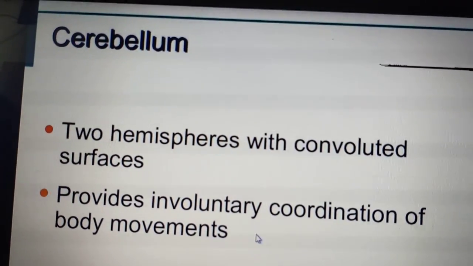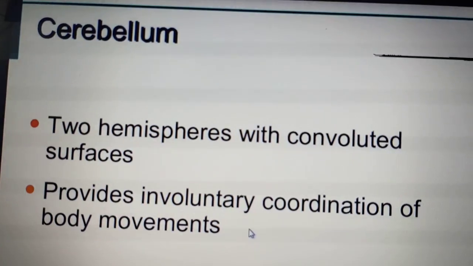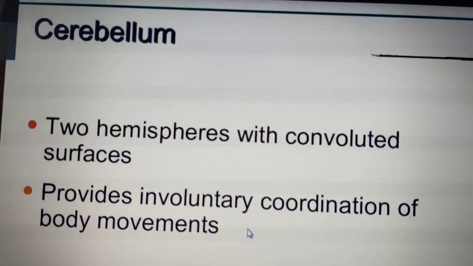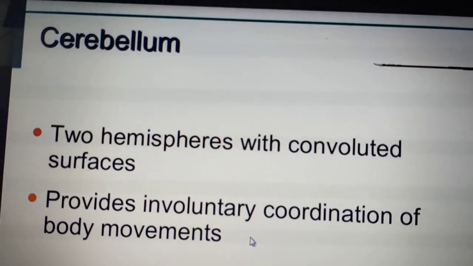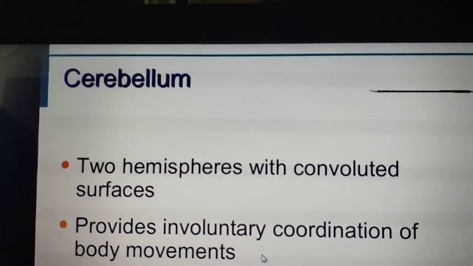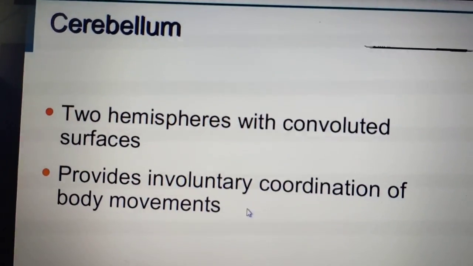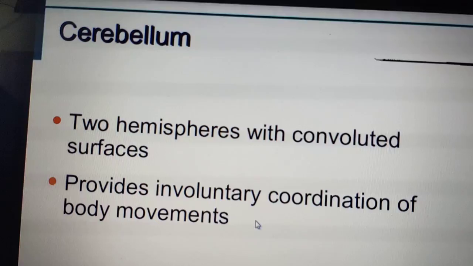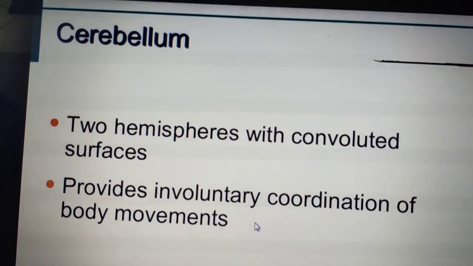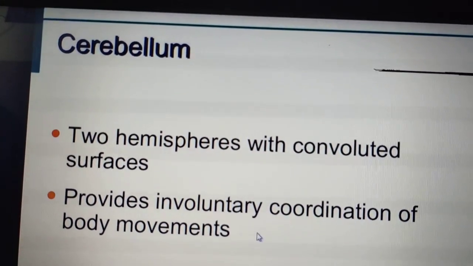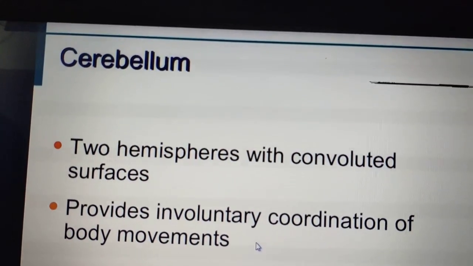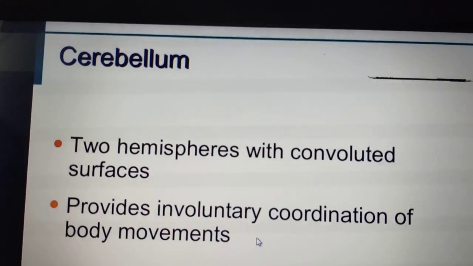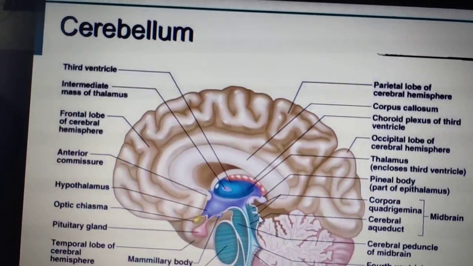That is the coordination, like the swing of the arms. All the coordinating involuntary movements are mainly carried out by our cerebellum. Clear? For example, I will give one more example. Our heart beating, the heart pumping, is very regular, isn't it? That is involuntarily coordinated, and that we call cerebellum.